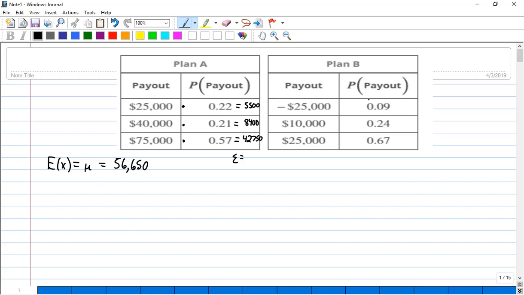And I'm going to do the same thing here for the other set. I'm going to go ahead and find the mean. So I need to multiply each one of those. So for the first one, I get negative 2,250. For the next one, I get 2,400. I didn't do a very good job of lining those up.